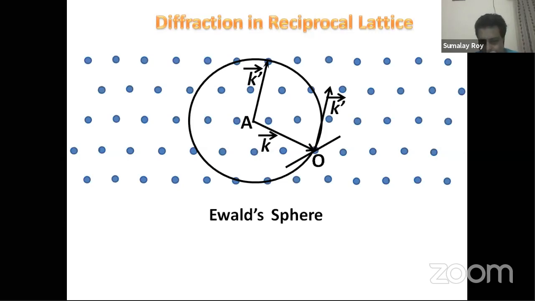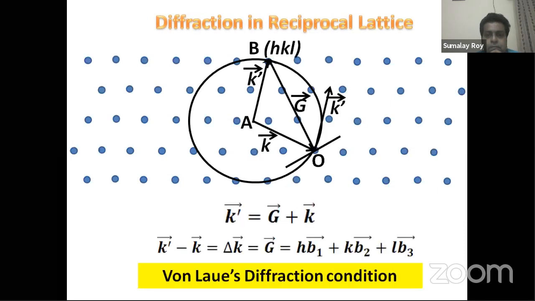This is called Ewald's construction, and this is the condition of diffraction. So that means we always will have a reciprocal lattice vector if diffraction occurs, and if the point falls on the surface of this sphere.